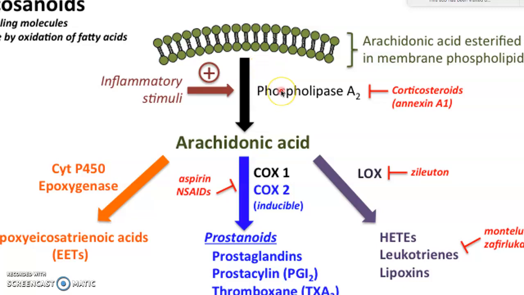And this enzyme is actually what gets blocked when we take corticosteroids, which are a potent anti-inflammatory. And the reason we don't take these all the time, even though they're a little more potent anti-inflammatories than NSAIDs, is that they come with a host of side effects. But this is where they work. They block phospholipase A2, a step higher than where the COX enzymes get blocked.